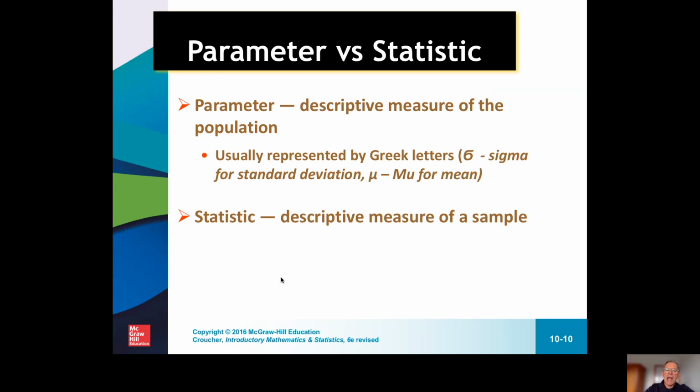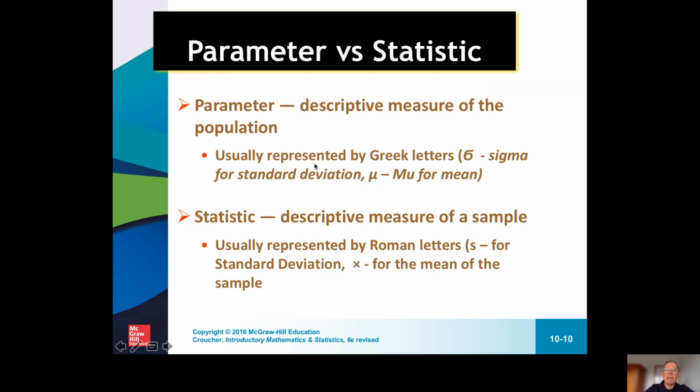So what's the difference between a parameter and a statistic? Well, a parameter is when we try and do a calculation. Descriptive measure simply means we're describing what's going on in the population. So we're doing some calculations on the population.